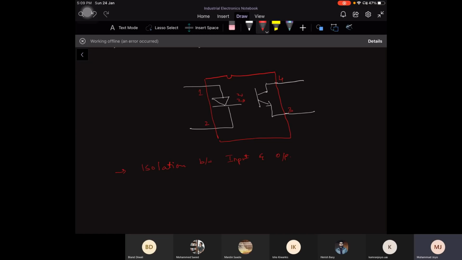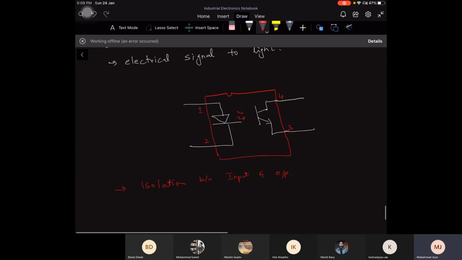Let's suppose a microcontroller or a PC is connected at the input side, and at the output side some other circuit is connected with another power supply. It can still work. There is no need to attach anything from output towards input.